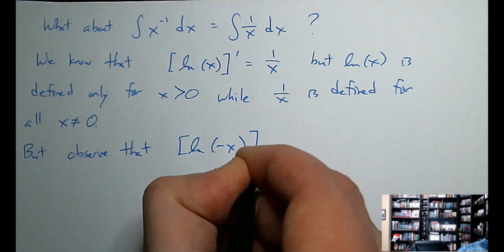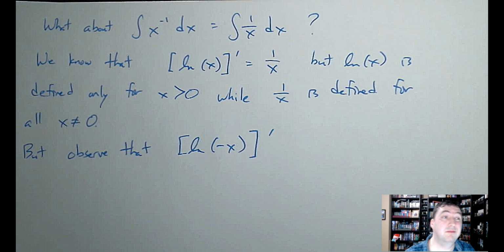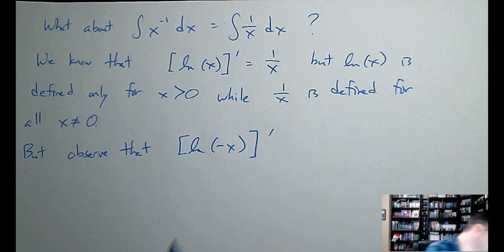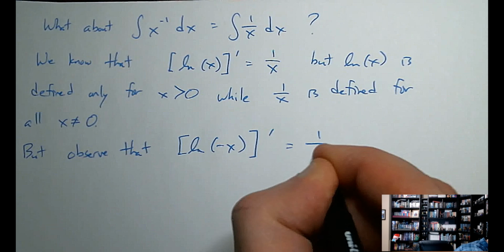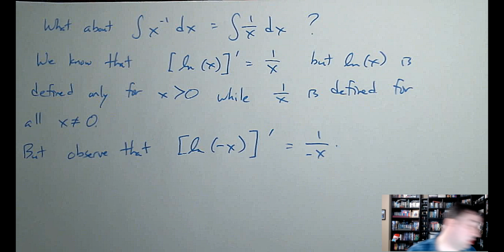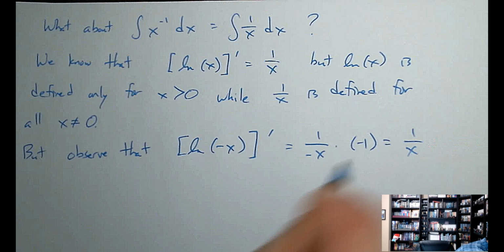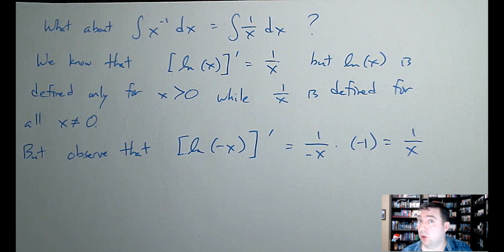If I've got the derivative of the natural log of -x, well, I can do that by the chain rule. I know that's going to be 1 over -x times the derivative of -x, which is -1. Those negatives will cancel. So that's also equal to 1 over x.